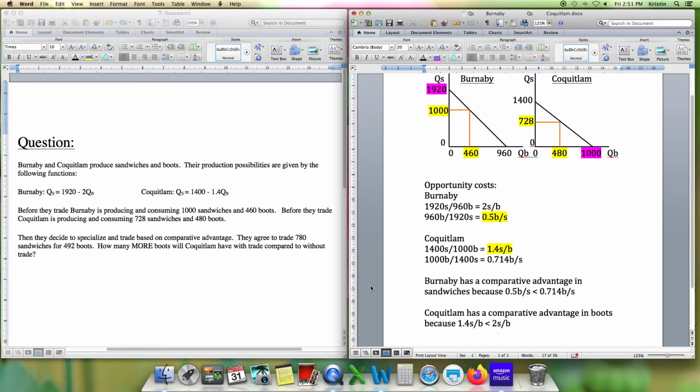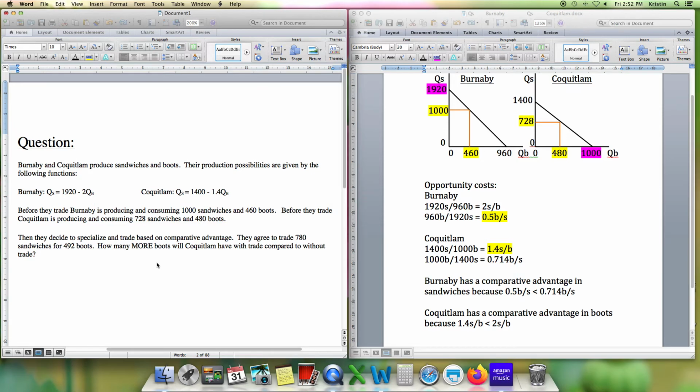Okay, let's go back to the question. They have decided to specialize in trade based on comparative advantage. So now we know who's going to make what. We know how much they're going to make. Now they trade, and so we look for the information about the terms of trade.